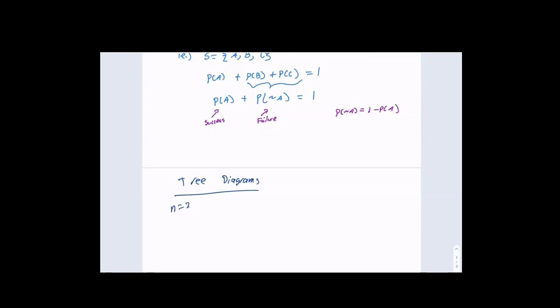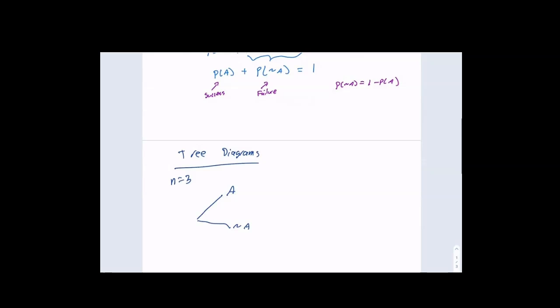So for example, if n is equal to 3, we could have outcome A or outcome not A for the first time, and then we do it a second time and we have A and not A. And then we can have A or not A.